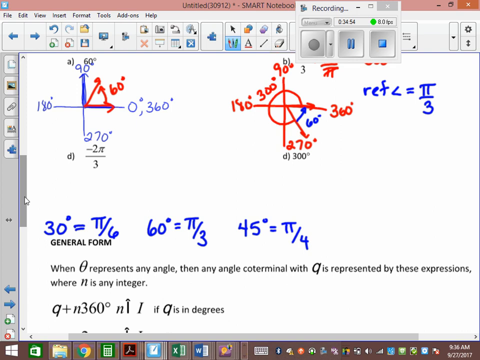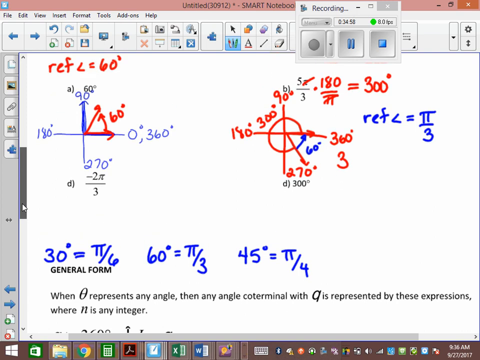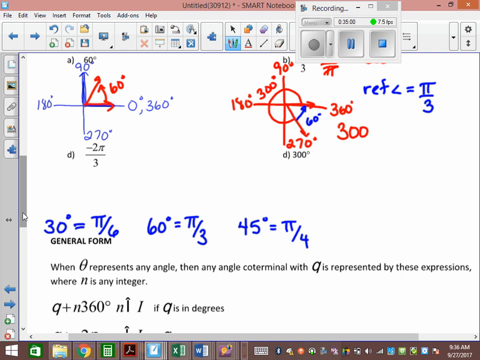So if we go 3, what did we figure it out to be? 300? Yeah. So if we do 300 degrees plus 360 degrees, we get 660. But that's a great answer. It's correct, but it's not a good answer for this question because it needs to be in radians.